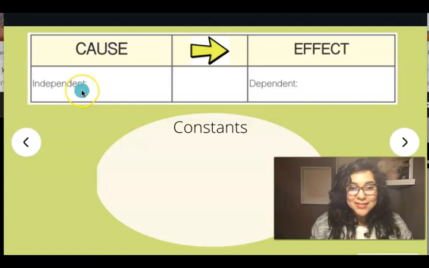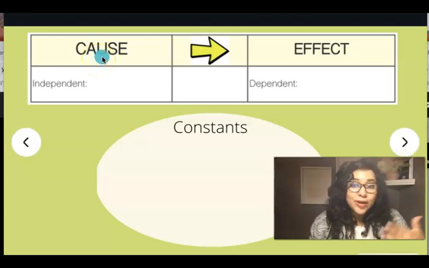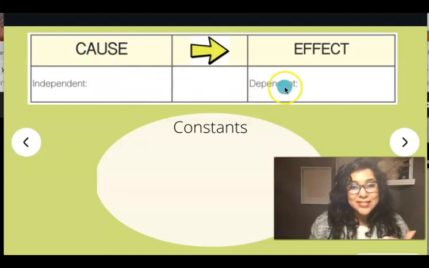So for independent, I always refer to it as the cause because that's really what it is. What caused the different results, right? What did we change that caused the different results? And you can use this prompt to help you. What I changed was blank. For the dependent variable, that's the effect. That's the outcome or the results, right?